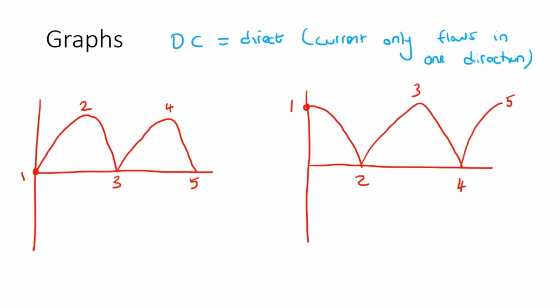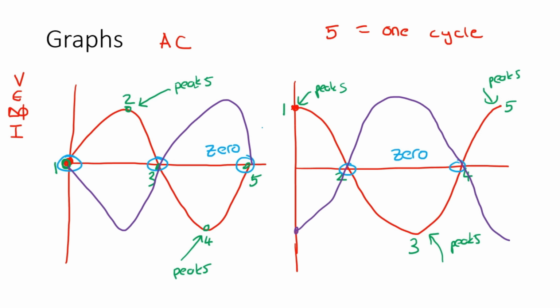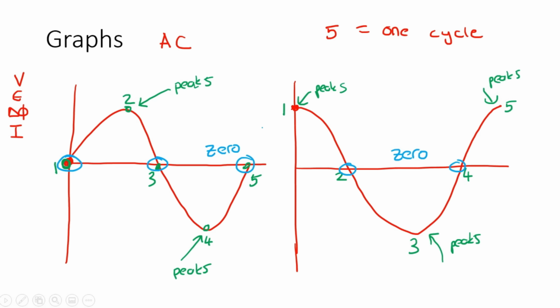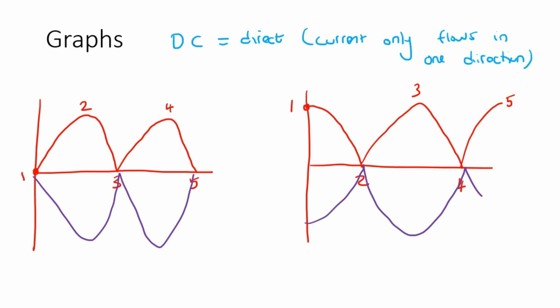Now, I forgot to mention, sometimes your teacher might, instead of going up first, go down first, like that, or they might go like that, for example. You don't really need to know that part, so don't worry too much about that. Or with the direct current, they might go like that, or in this one, they might go like that.